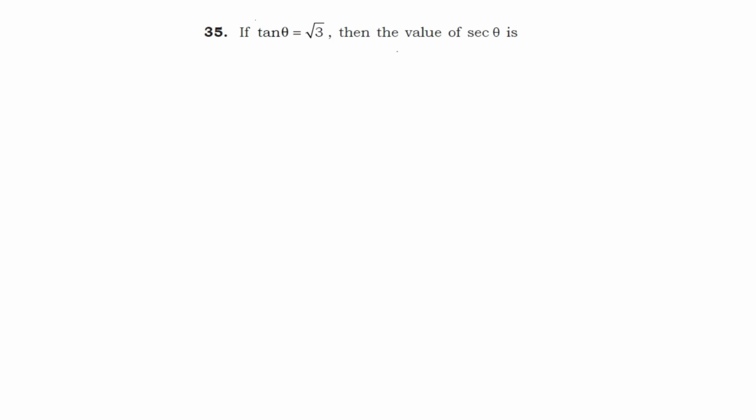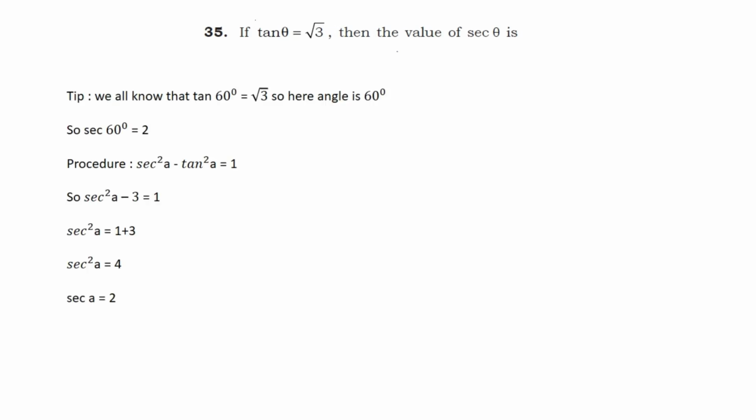If you mistakenly see it the other way... Next question, if tan theta equals root 3, then the value of secant theta. If you thoroughly go through trigonometry, you can remember these values. When will you get the root 3 value for tangent? Tan 60 equals root 3. So here the angle is 60 degrees.